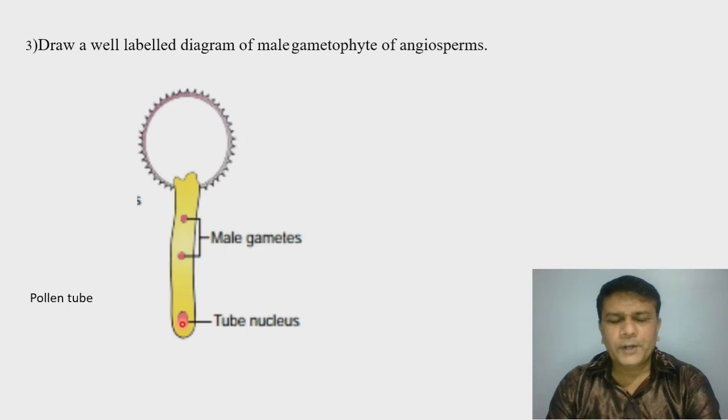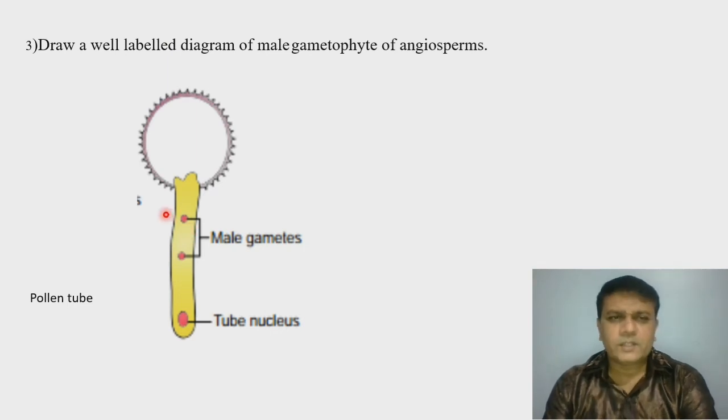And pollen tube will show presence of tube nucleus, then two male gametes, cytoplasm. So this structure of the pollen grain is called as male gametophyte of angiosperms.